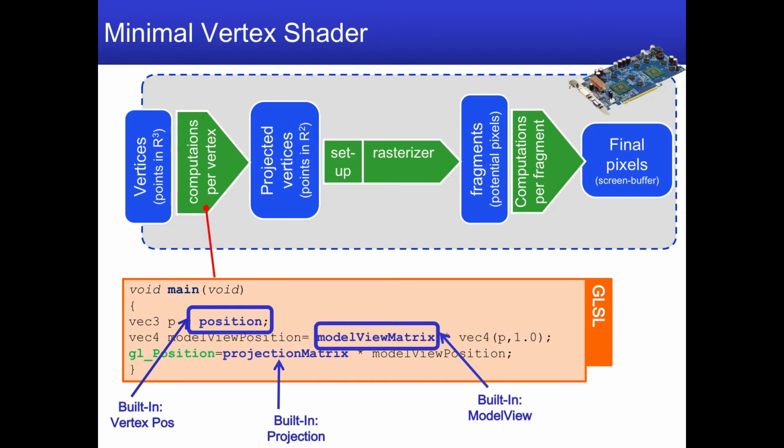So what you have to do then, right? So exactly what we have seen. This is the vertex shader that, if you program it, does exactly what the GPU does without any shaders, right?